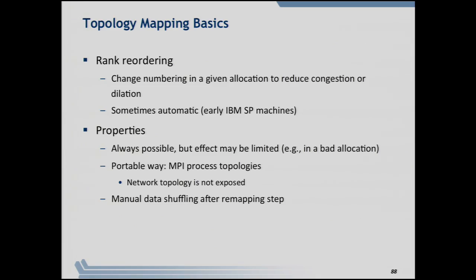There is another way of doing it, and that is what is known as rank reordering. That is, after you launch your MPI application with the default mapping, you get the usual 0 to n minus 1 in COMM_WORLD that are launched on effectively 0 to n minus 1 cores. That doesn't change.